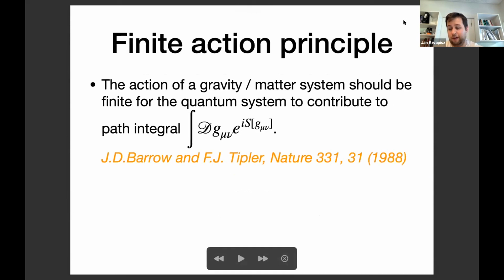The thing that we will discuss is the so-called finite action principle, which was put forward in the 1980s. Roughly, the idea is that when we are discussing some system that evolves on a quantum level, we have to sum over all the possible fields in the path integral.